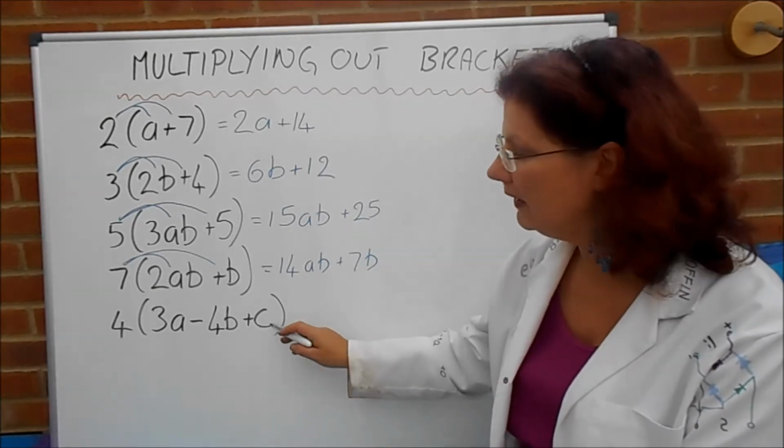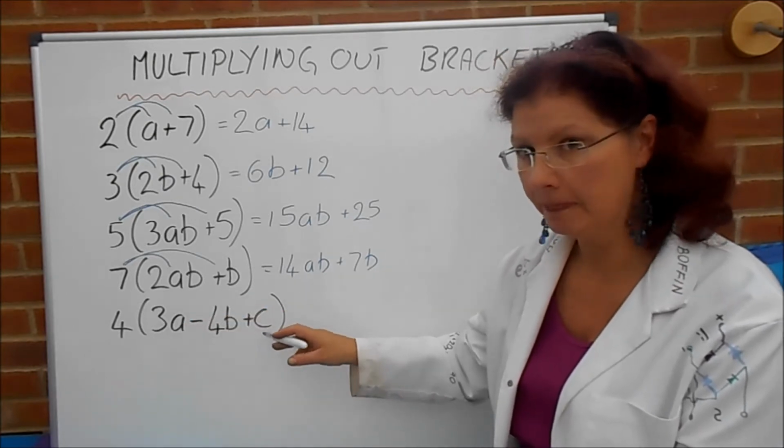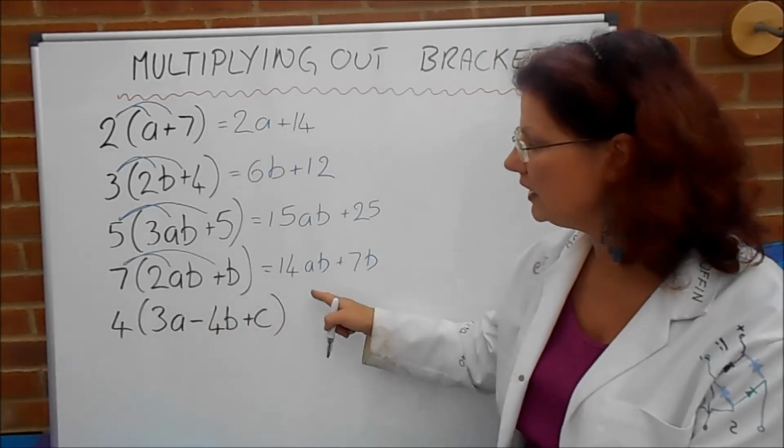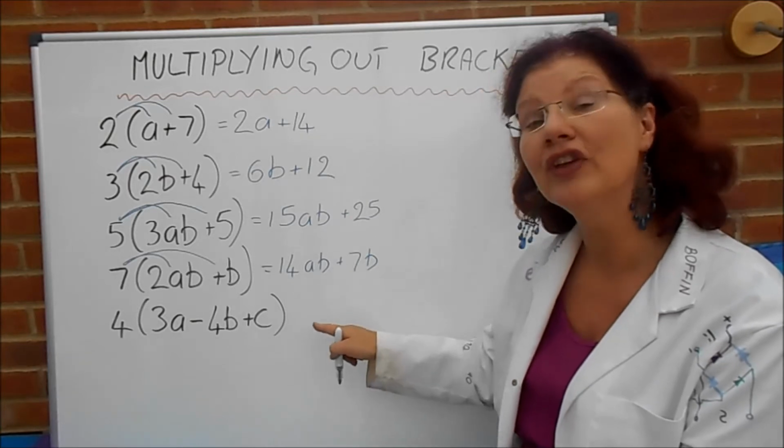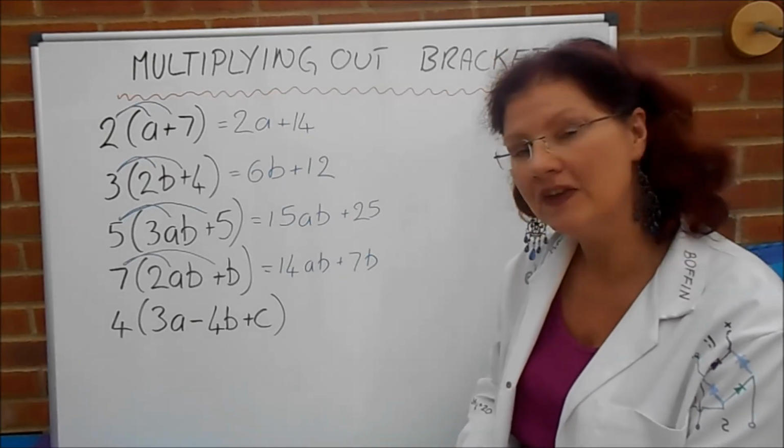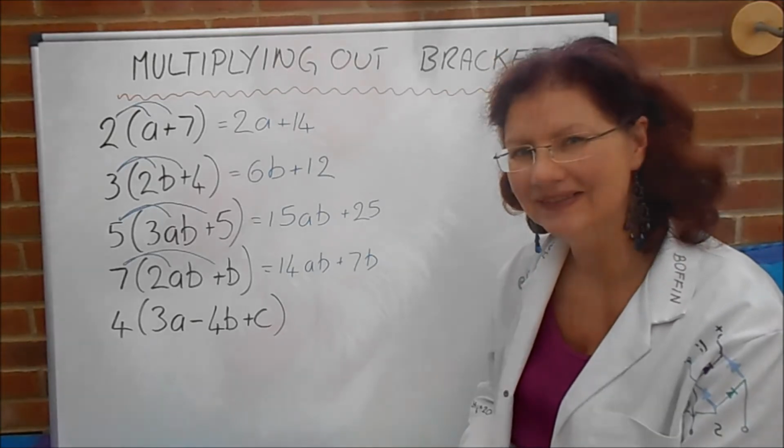Okay? Time for the last one. The last one here has got 3 terms in it. That's no problem. You're just going to do it 3 times, and instead of ending up with 2 things in your answer, you'll end up with 3 things in your answer. So pause the video and have a go at that one.